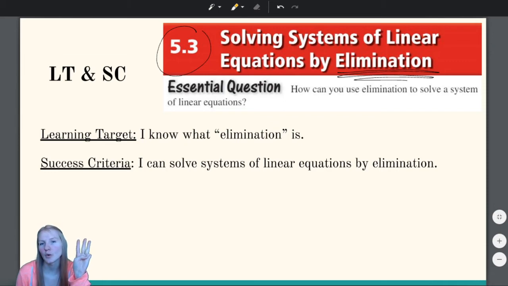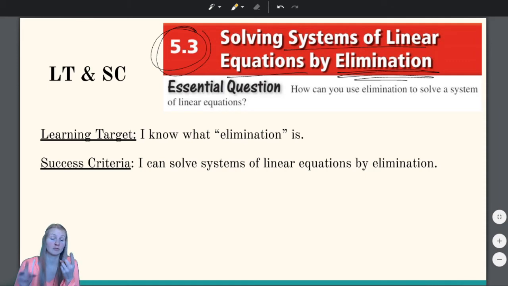And now 5.3 is solving systems of linear equations by elimination. After this lesson and next lesson, because this is part 1 of 5.3, we'll finish 5.3 in the next video. After the next video, we're going to have 3 methods, 3 tools that we can use to solve systems of linear equations. So we can solve them any way we want.